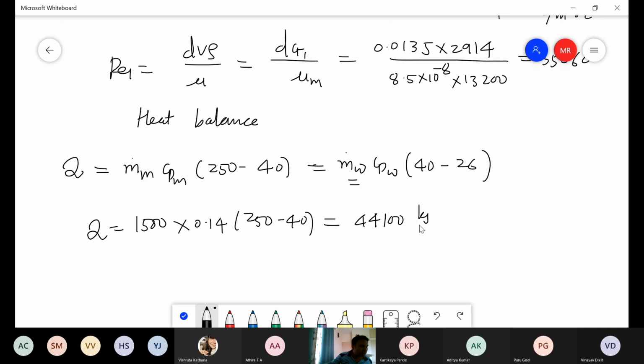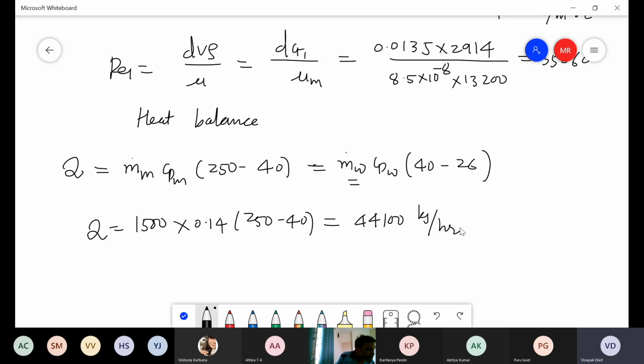This is in kilojoule, isn't it? Because what is the unit? kg per hour is there. So this is going to be kilojoule per hour. Sir, it will be joule per hour only. Why? kg is the standard SI unit.